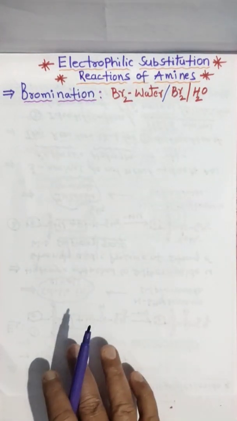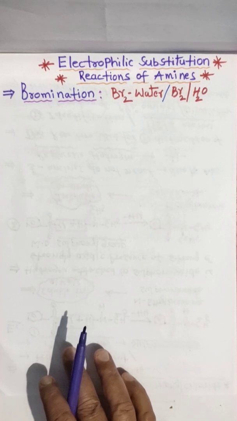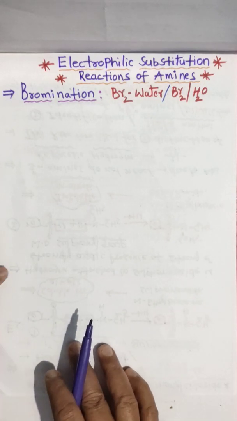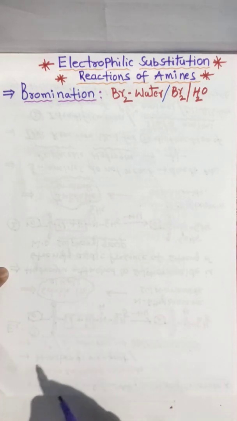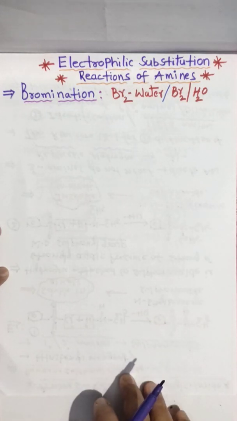Here an electrophile involved in the reaction causes substitution. In that we have bromination, nitration, like that. And today we are discussing bromination in electrophilic substitution of amines.